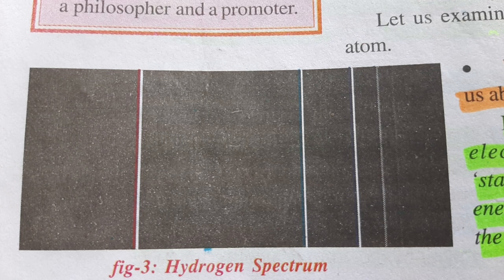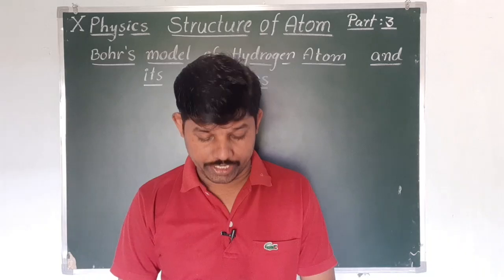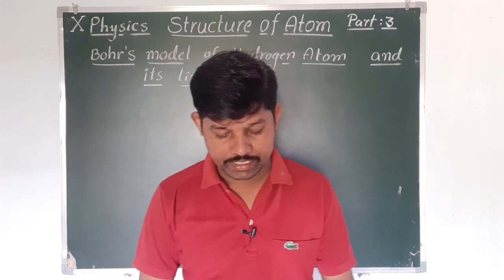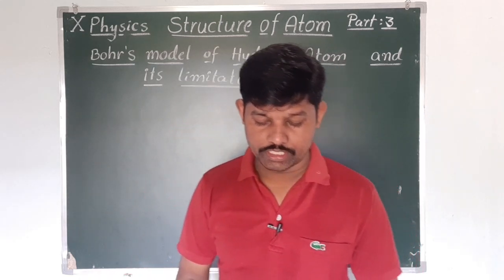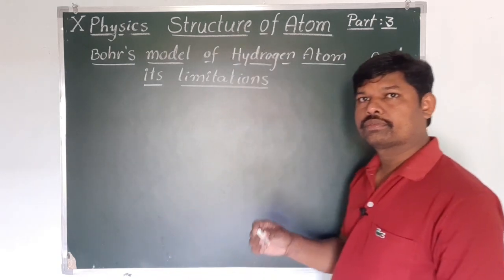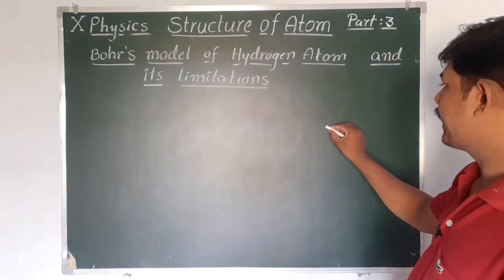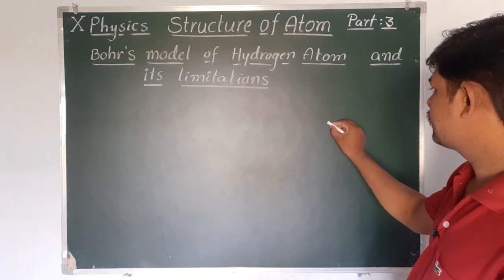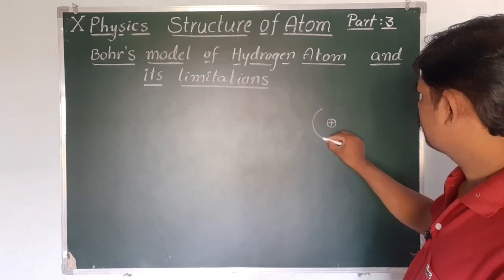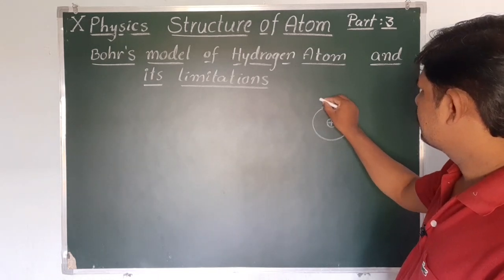So what did Niels Bohr propose? Niels Bohr proposed that electrons in an atom occupy stationary orbits, also called states, of fixed energy at different distances from the nucleus. So according to Bohr, electrons occupy different stationary orbits.